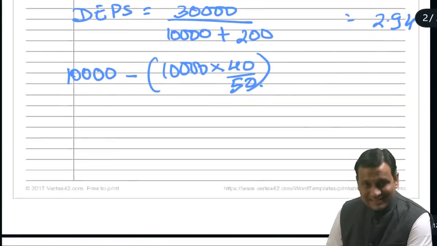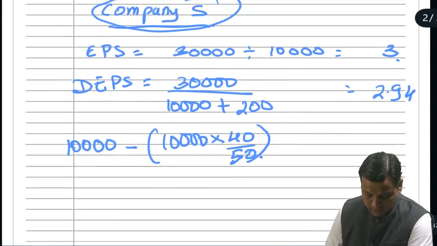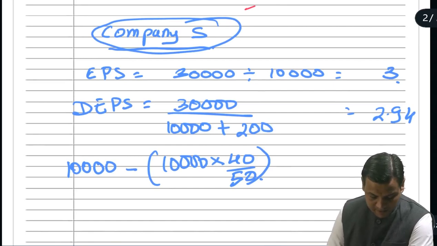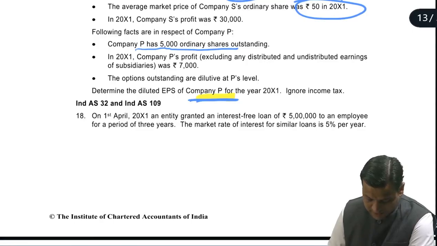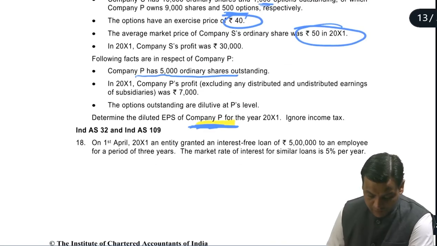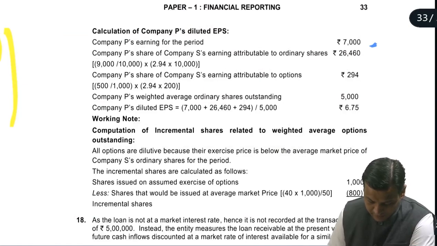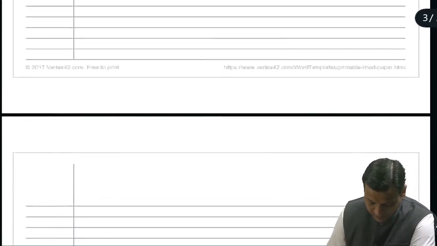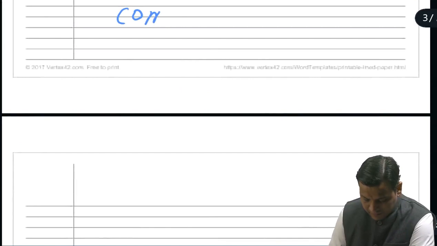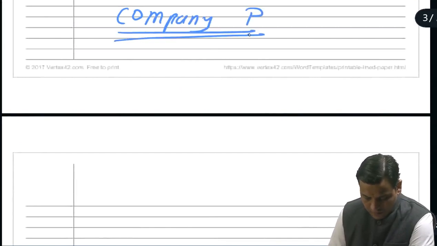Now friends, they are asking us not company S's EPS and DEPS. They are asking us what is the diluted EPS, and that too for company P. So for company P, what would be the diluted EPS? Very simple. Now what is its earnings?